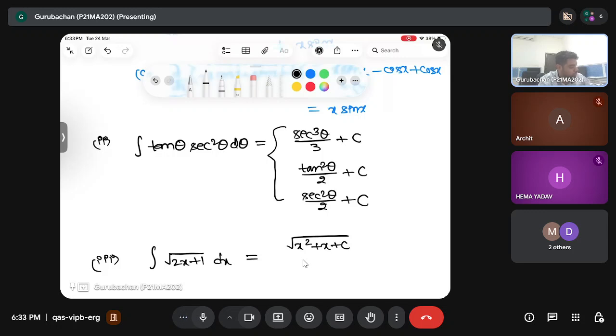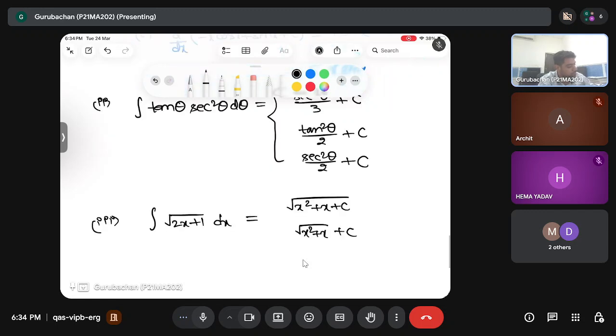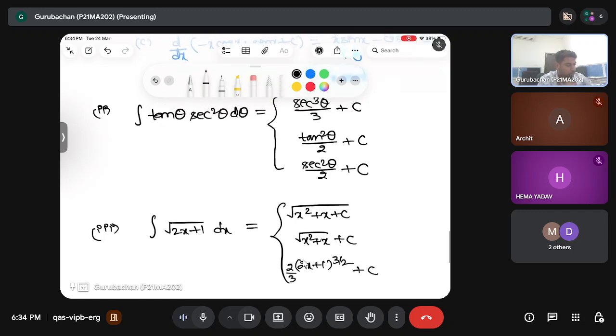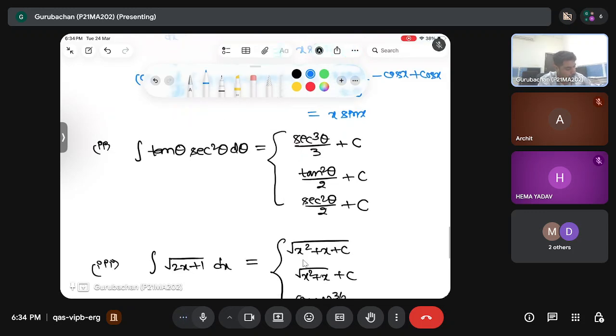Quickly tell me the differentiation. So what about the first one? Is it the answer? Secant cube theta divided by 3 plus constant.